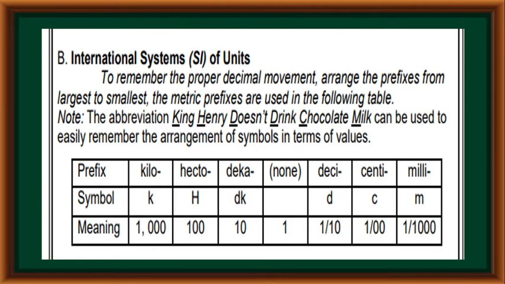Let's say, in the measures of length, if you will convert meter to kilometer, take note that meter is smaller than kilometer, and there are 1,000 meters in every kilometer. So you can have this multiplied by 1,000.